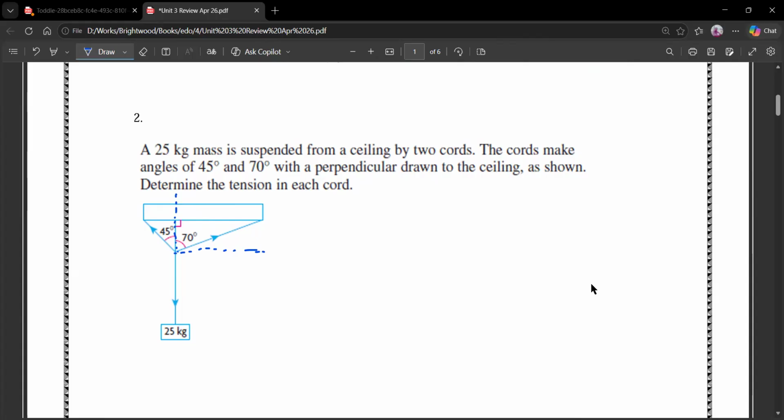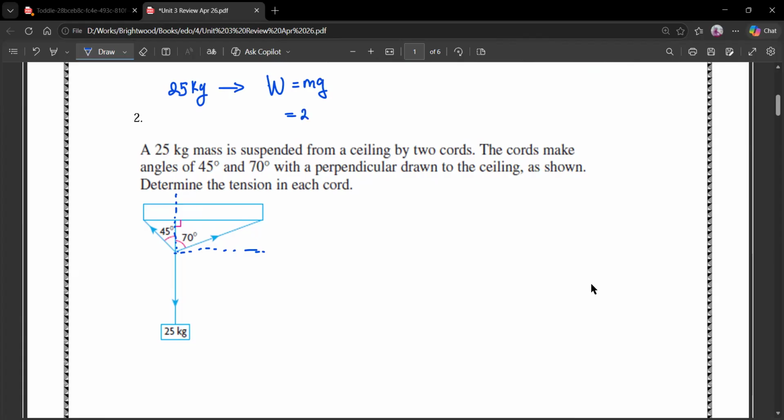If you consider the vertical direction, the 25 kilograms, converted to newtons, the weight W equals mg, mass times gravitational acceleration.